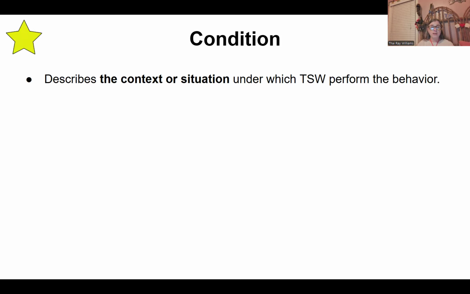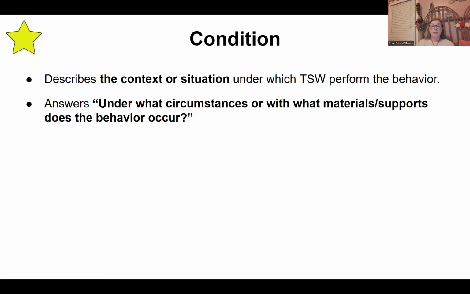So when we talk about the condition, remember that it describes the context or the situation under which TSW, the student will, perform the behavior. You're going to ask yourself, under what circumstances or with what materials or support does the behavior occur?